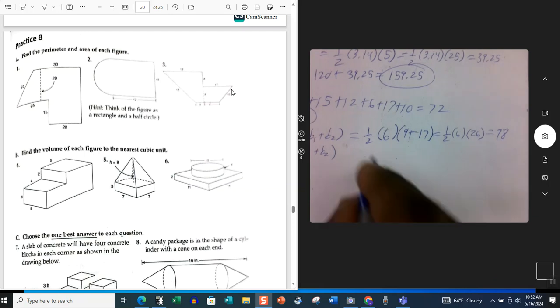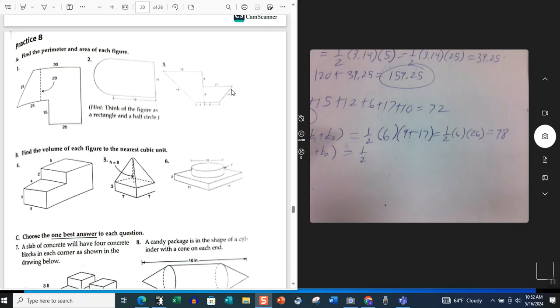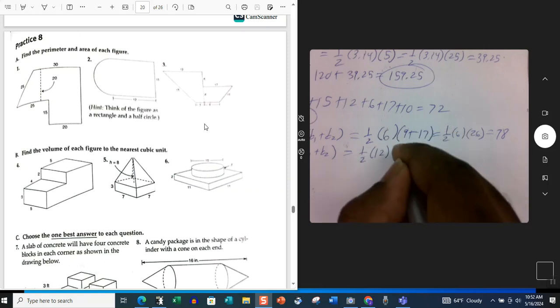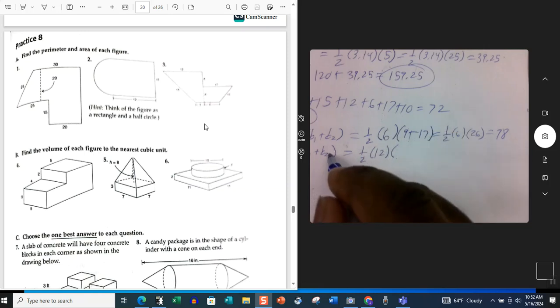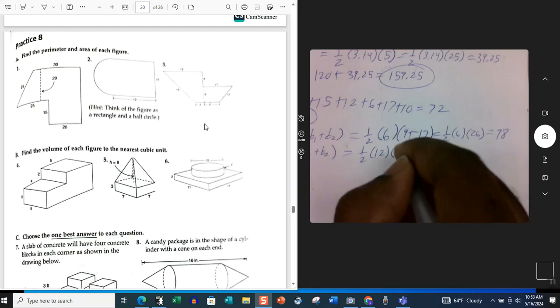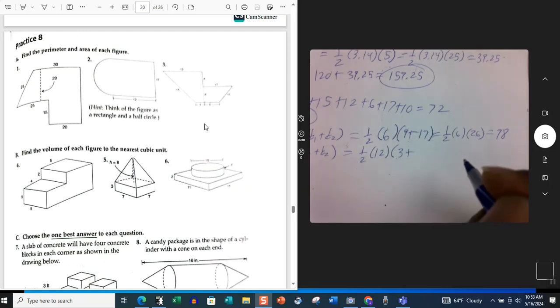So this would give us 78. Now for the second one, we have our height here. Our height would be this 6 plus this 6, which would be 12. And then we have the first base, the smallest base, which would be 3, plus the larger base, which would be 12.